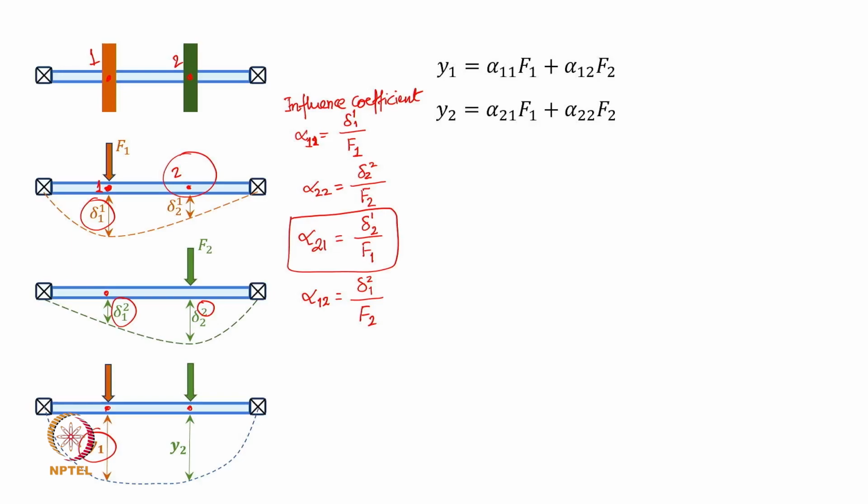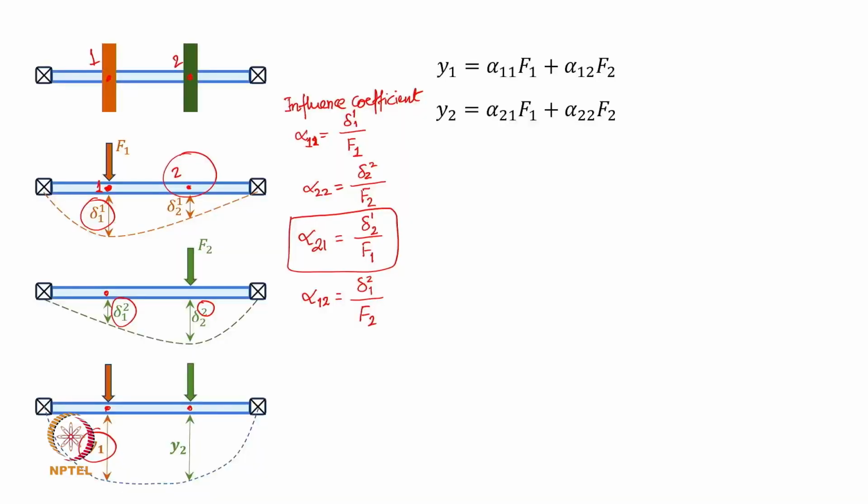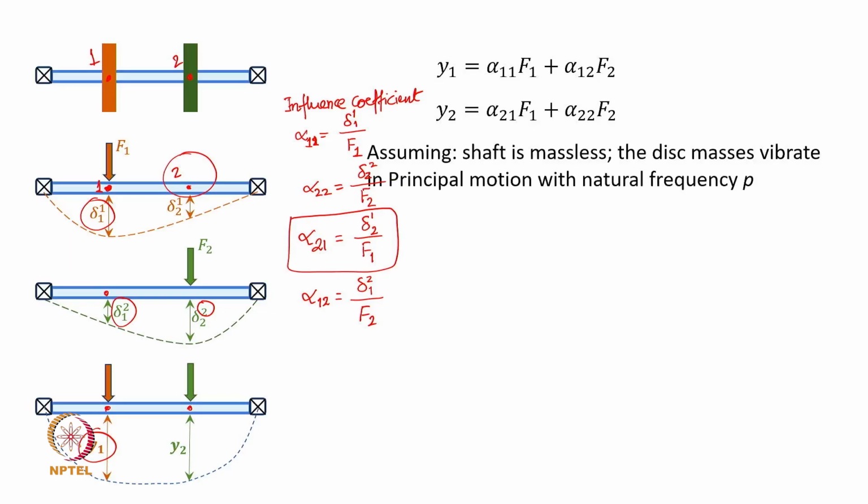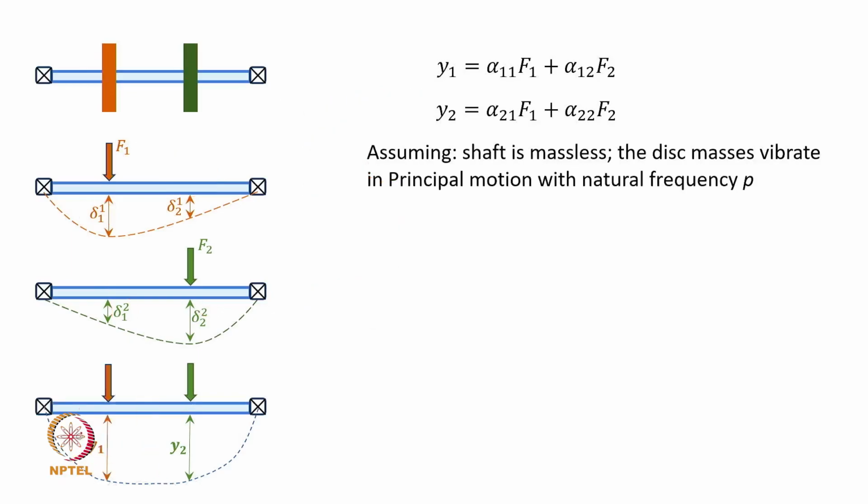So, we need to now use this for our vibratory motion. Okay. The system is going to vibrate, and we take the example here that the system is vibrating in one of the principal modes, which you are already aware of, meaning that the entire system vibrates with a harmonic motion at a particular frequency, and that frequency is one of the natural frequencies.